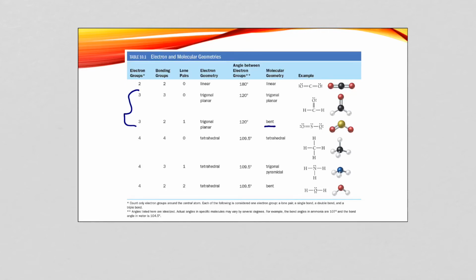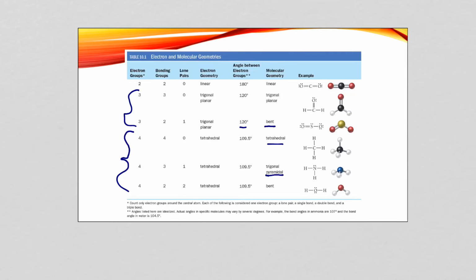So we'll see there are 2 versions of bent, one with 3 electron groups and one with 4 that we just saw with water. The difference is that in this version of bent, the angles are going to be approximately 120 degrees. If we have 4 electron groups, there are the 3 possibilities that we saw. 4 bonds gives us tetrahedral geometry. 3 bonds with 1 lone pair, we have a basic tetrahedral shape, but we call it trigonal pyramidal.